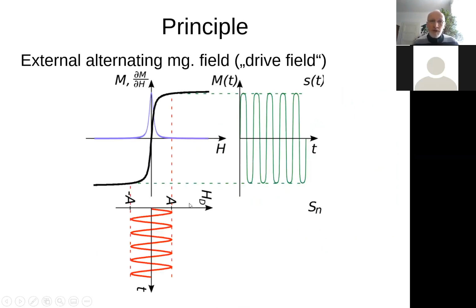And now we will look at what happens if we apply an alternating field. So if we have a magnetic field B, which alternates, which changes in time like this, we can induce reorientation of the nanoparticles, and they go up and down along this curve.